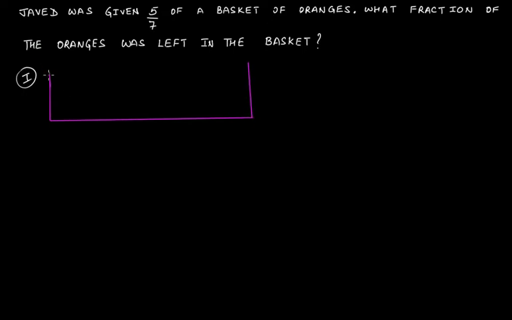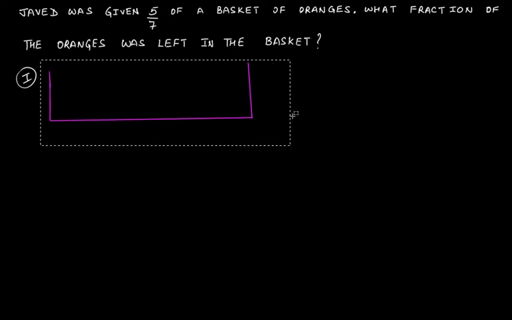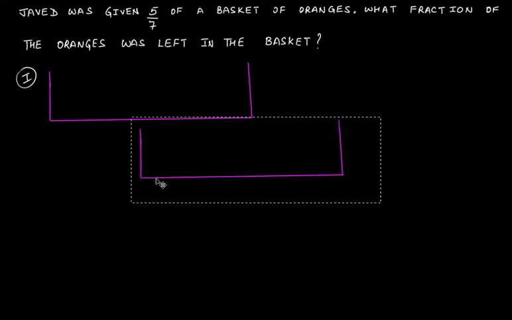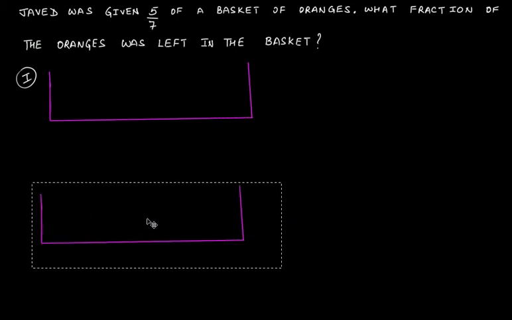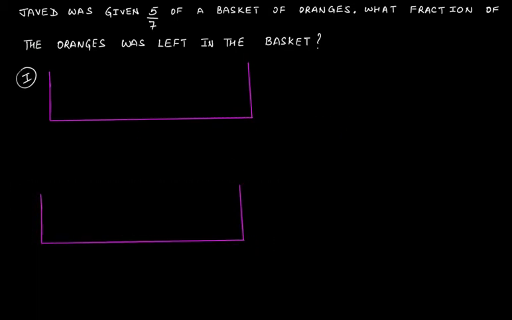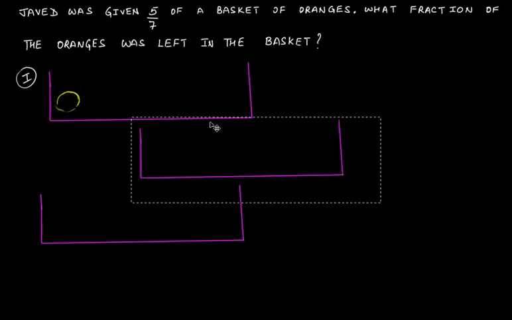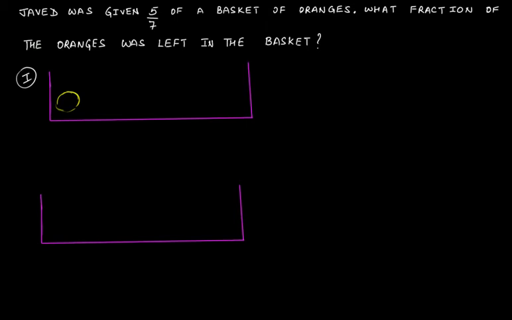So if this is a basket of oranges, and let me just copy it because we will use it in our next discussion. And we have one orange. Okay, this is one orange. Let me copy it here also. So this is Control C and Control V. I have to copy this one.